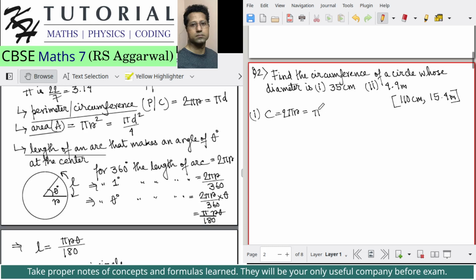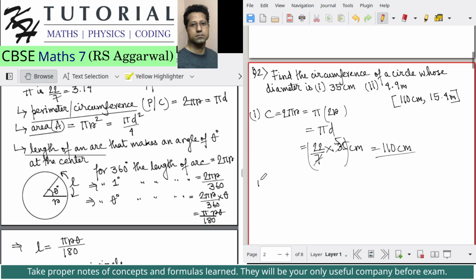Now this is equal to pi multiplied by twice r, and twice r is nothing but d, the diameter of the circle. So for part 1, pi is 22/7 and d is given to be 35 centimeter. So after simplifying, this becomes 110 centimeter.